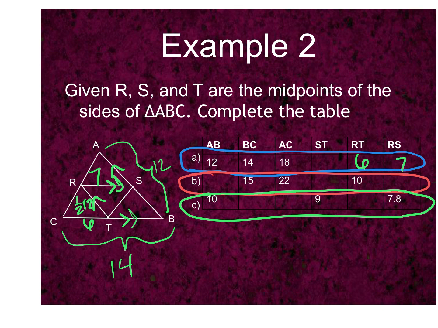What about ST? How would we find ST? Daniel? Divide AC by 2. Divide AC by 2. And AC was 18, so what does our ST have to be? 9. Questions on that one? Letter A.